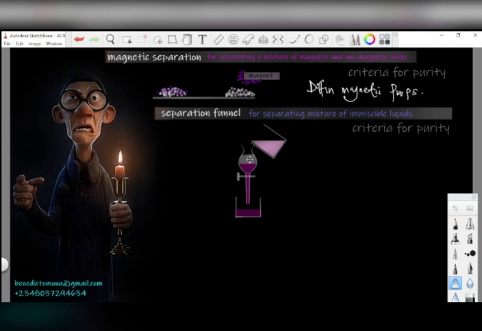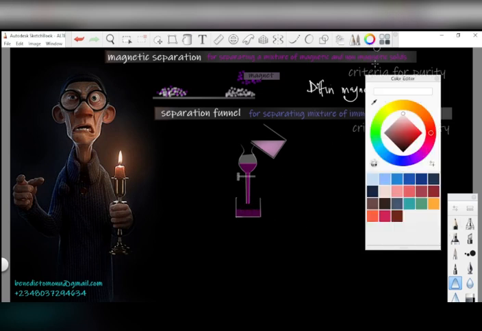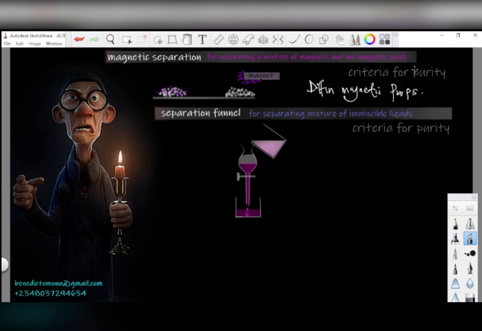The liquid with the lower density will float above. With the help of the tap, you can slowly tap off the liquid with the higher density like that, while leaving behind the liquid with the lower density. The criteria for purity is difference in densities of the two liquids.